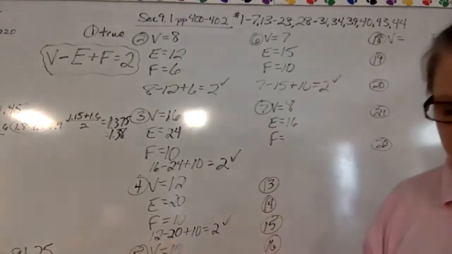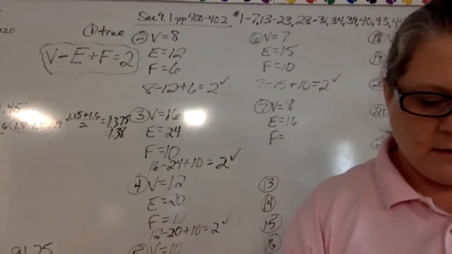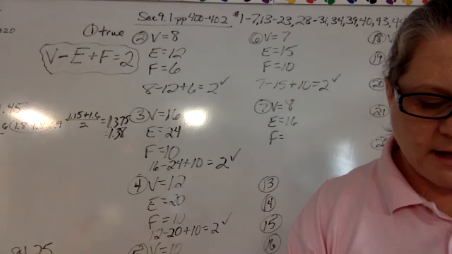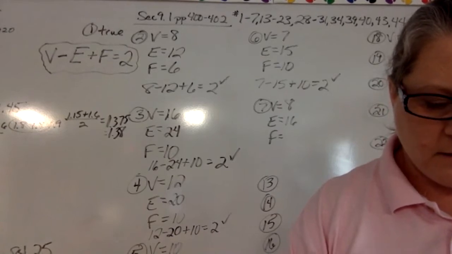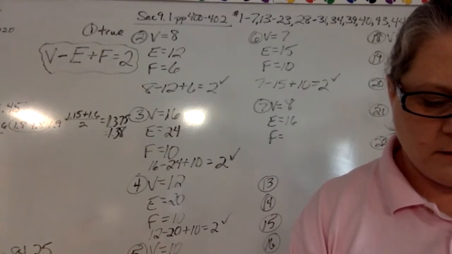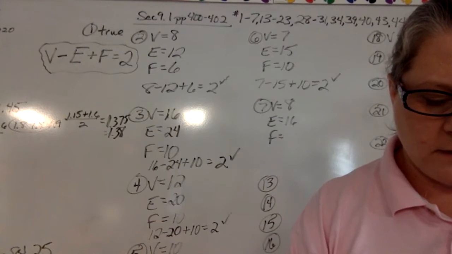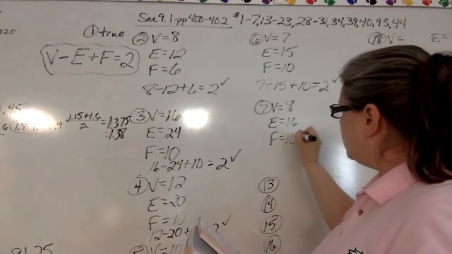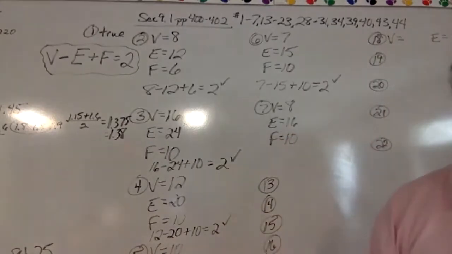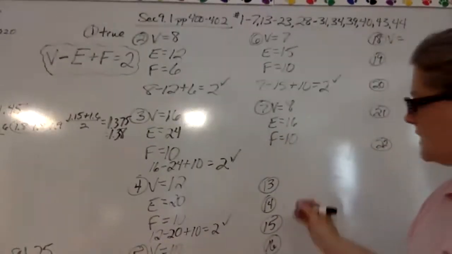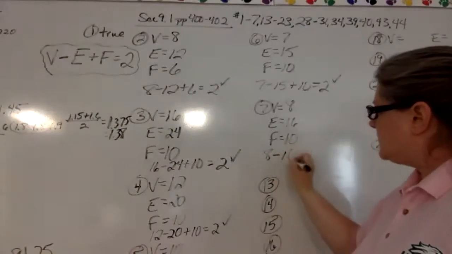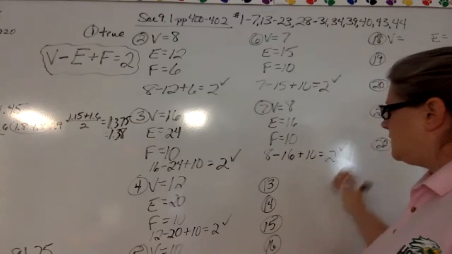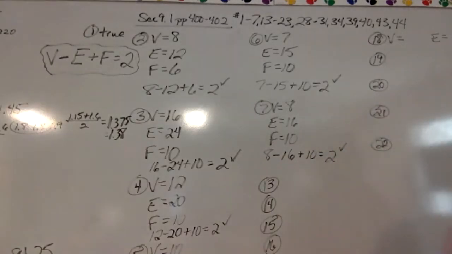And for the faces, you got the top and the bottom, and then you got the ones going around the side. I'm getting 10. Yep. So I have 8 minus 16, which is -8 plus 10 equals 2. So it works with Euler's formula.